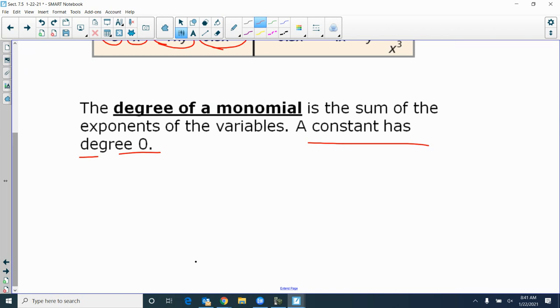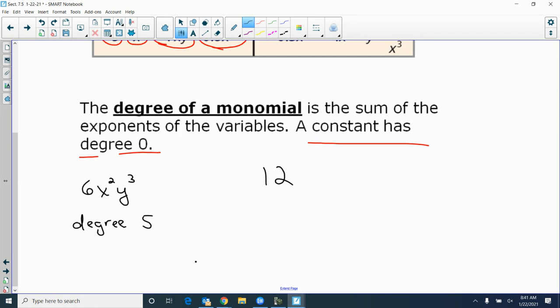All right, we're going to do a couple examples, but real quick, think about this. If I have a monomial of 6x squared y cubed, it is degree 5. Because what did it tell me to do? Add up the exponents. So 2 plus 3, 5. If you have a constant, the number 12 is a monomial.